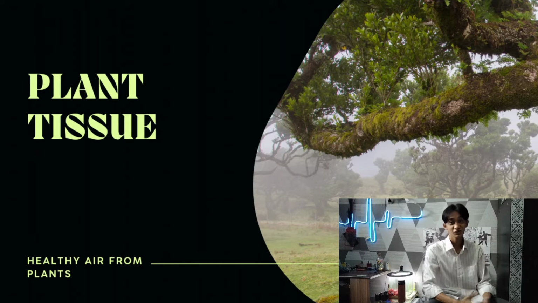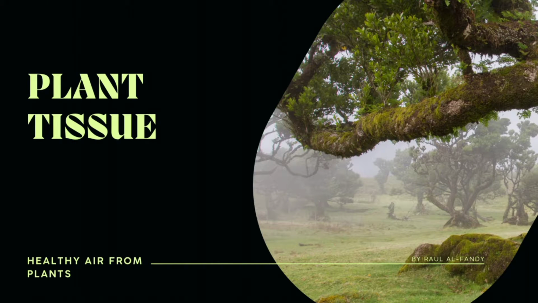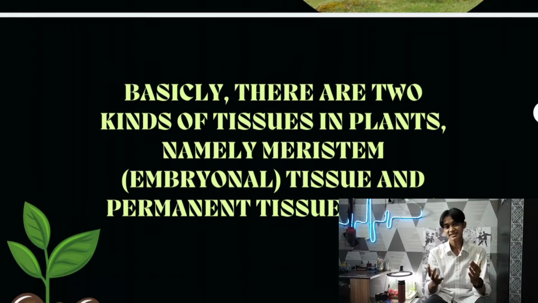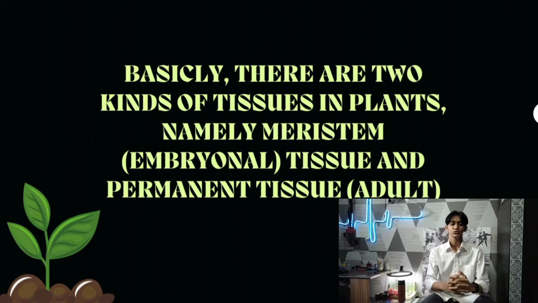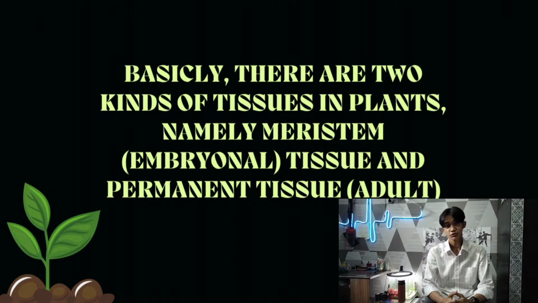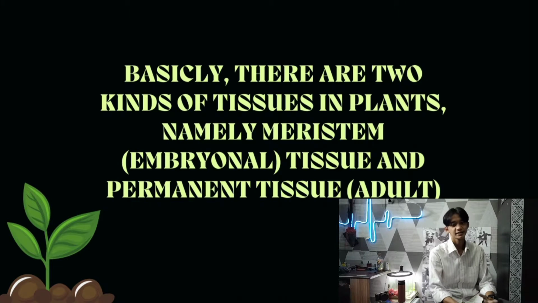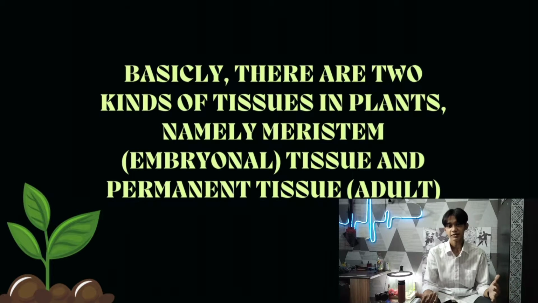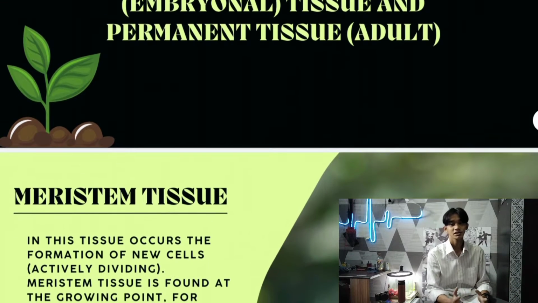Okay, plant tissue. Basically, there are two kinds of tissues in the plant, namely meristem or embryonal tissue and permanent or adult tissue.